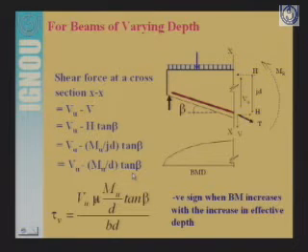Now we have calculated the shear force acting on that section, so we can calculate the nominal shear stress at this section, by dividing the shear force by the effective cross-sectional area at this section, means B into D. So here in general we can write as Vu minus plus Mu by D tan beta upon BD.